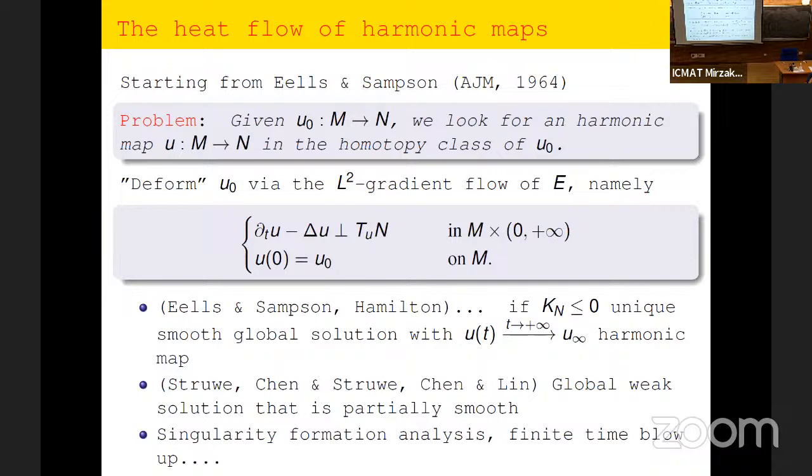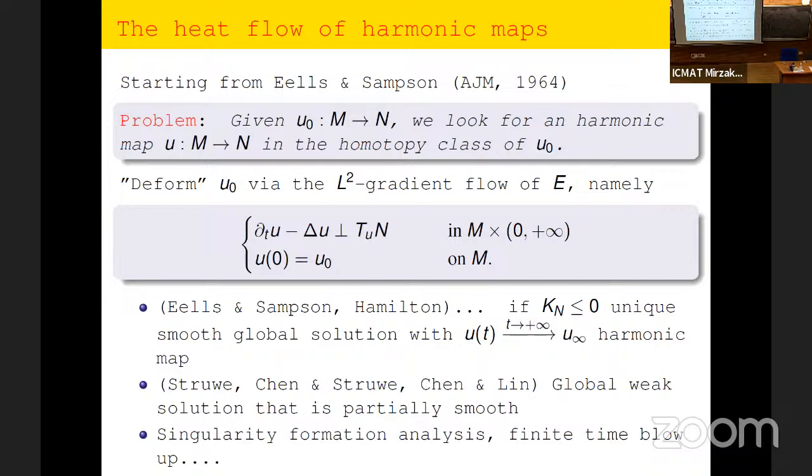So you have non-smooth situations, and what you get are maybe global results in time for weak solutions, and maybe some partial irregularity results. And then you also have singularity formation analysis, meaning finite time blow up, infinite time blow up, what happens during the blow up time. So you have really a huge list of results on this problem.